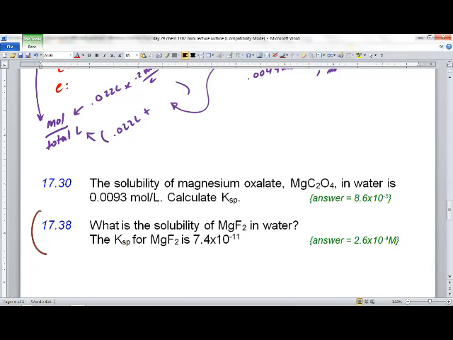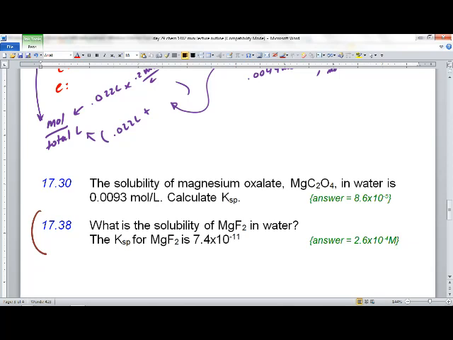Write a Ksp reaction and do ICE. What units will your answers be in? Moles over liters. And if it specifies, you can convert it, but it just says solubility. So whatever you get for X.